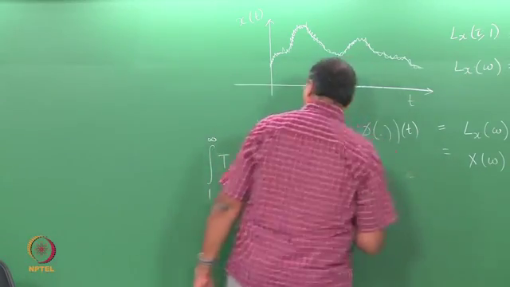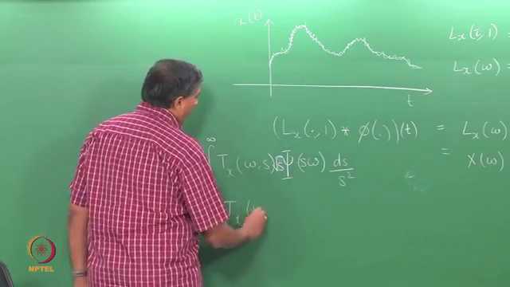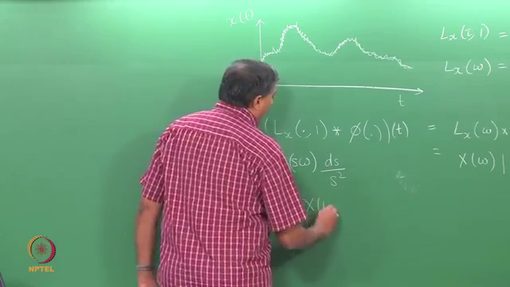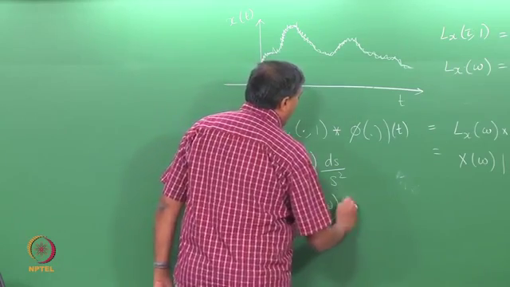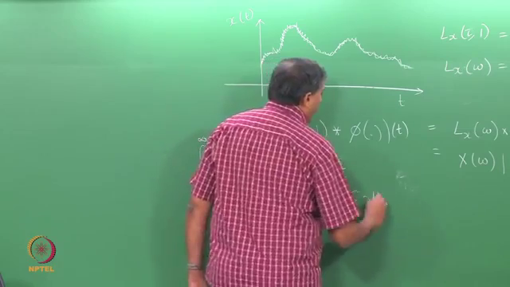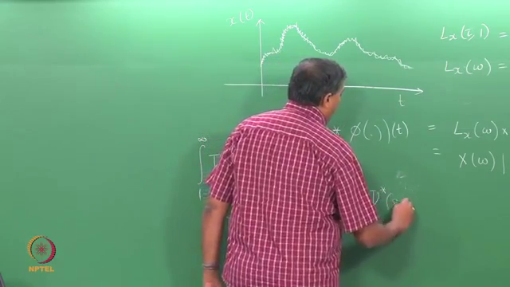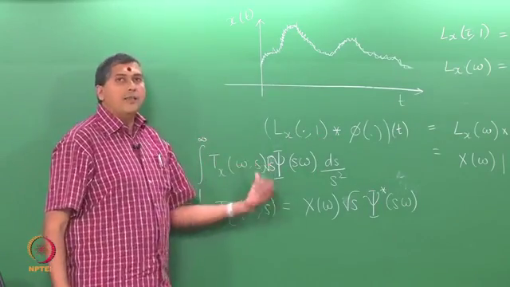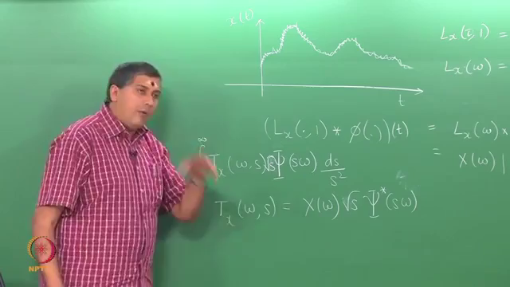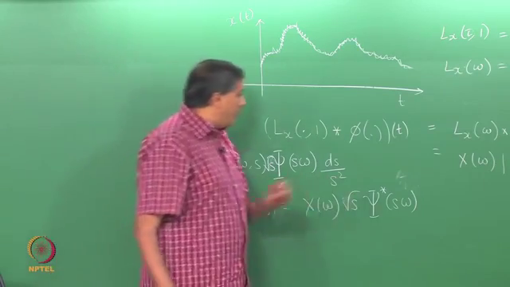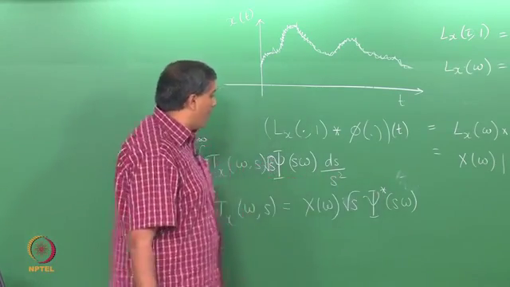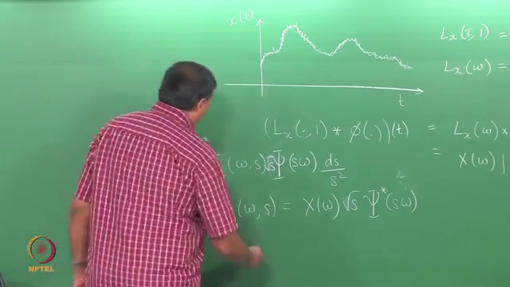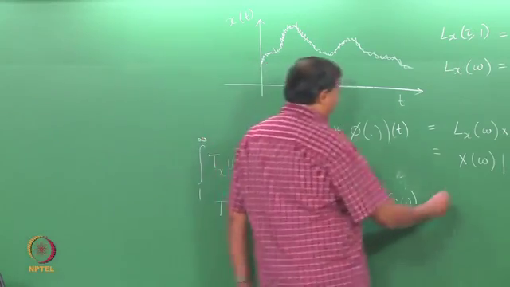So, T x of omega comma s is nothing but X(omega) times root s times psi star of s omega, because T x of tau comma s is a convolution of x with the wavelet at that scale. Therefore, we have this situation here, because of the reflection I have a complex conjugate, and when I multiply both of these I end up with this integral here, and let me write that here.